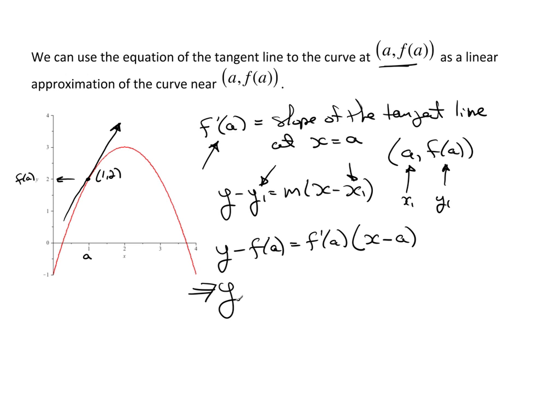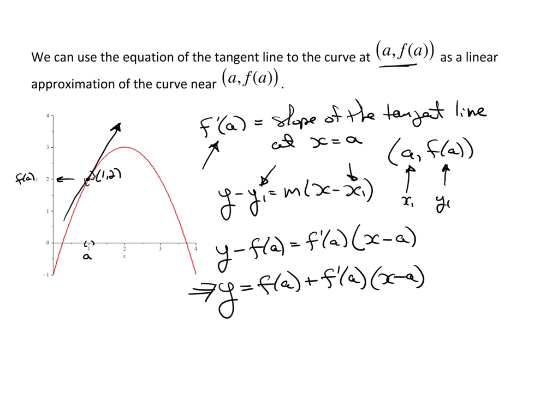That implies that y, the equation of my tangent line, will be f of a plus f prime of a times x minus a. So anywhere near a, f of a, very close on the x-axis here, very close here on the y-axis, I should get a very good approximation.